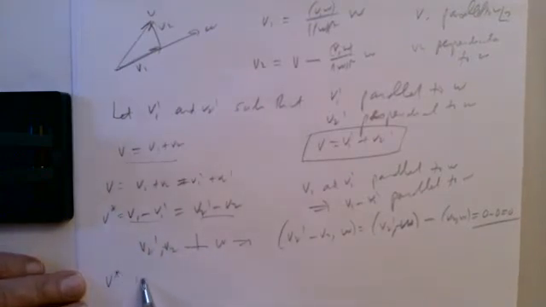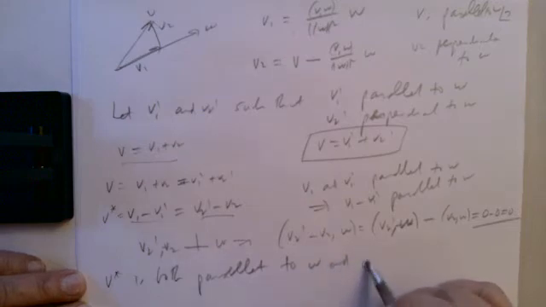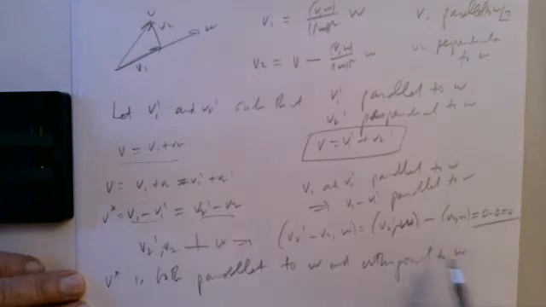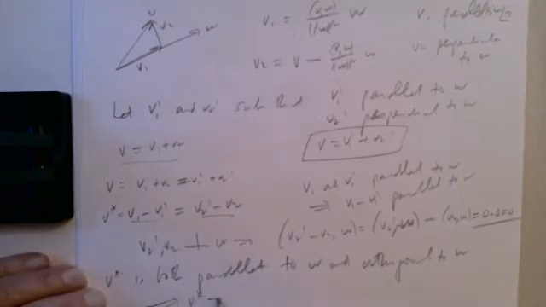So V star is both parallel to W and orthogonal to W, perpendicular to W. And whenever you have a non-zero vector, the only vector that is simultaneously parallel and perpendicular to it is 0. So V star is 0.